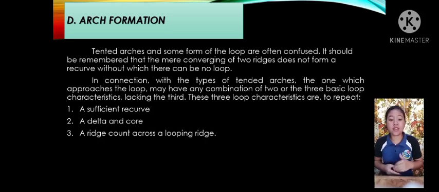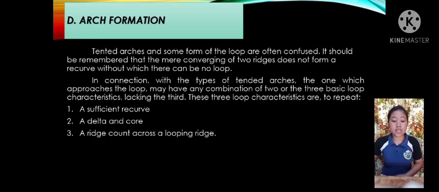On the other hand, there are many patterns which at first sight resemble tented arches but which on close inspection are found to be loops, where the looping ridges will be found in the most vertical positions within the pattern area, entirely free from the passing of the delta.